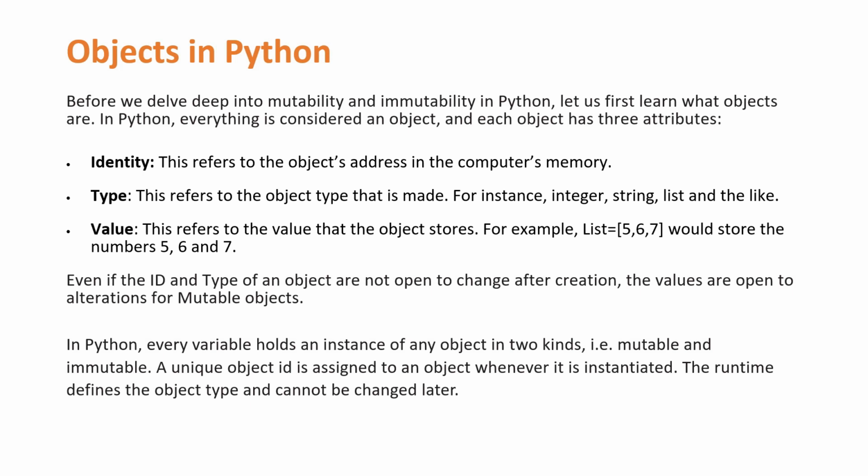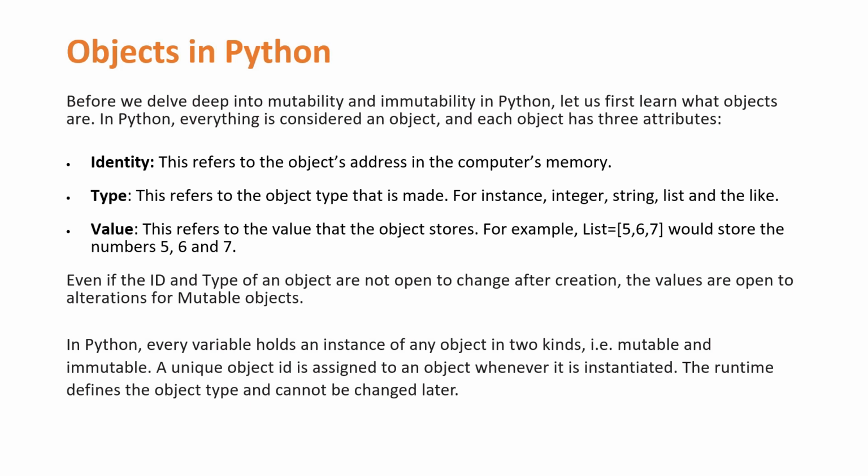Object is an instantiation of a class. Class is a definition and the instance of that class is an object. Here in Python, everything is an object. Even numbers, even primitive types are also considered as objects.